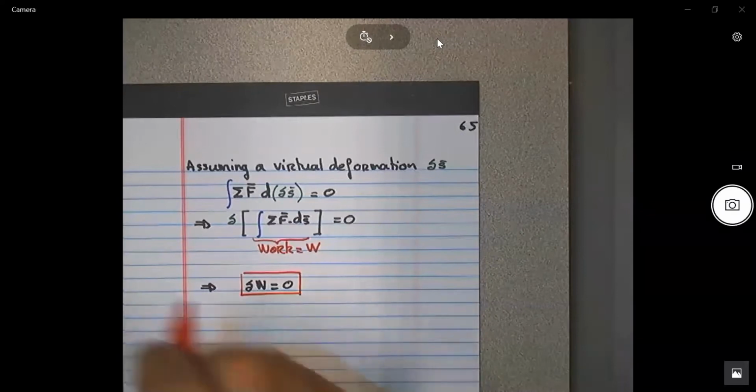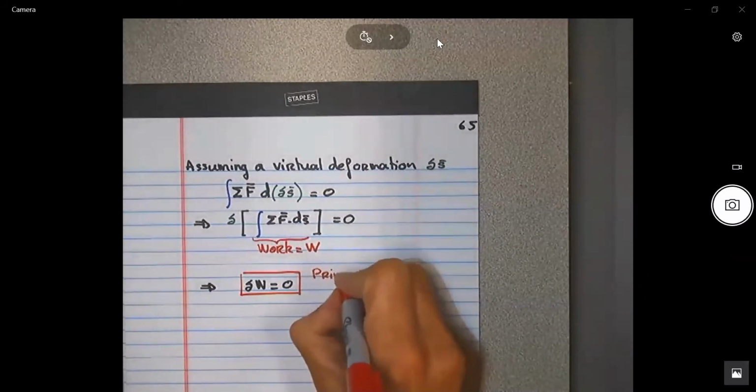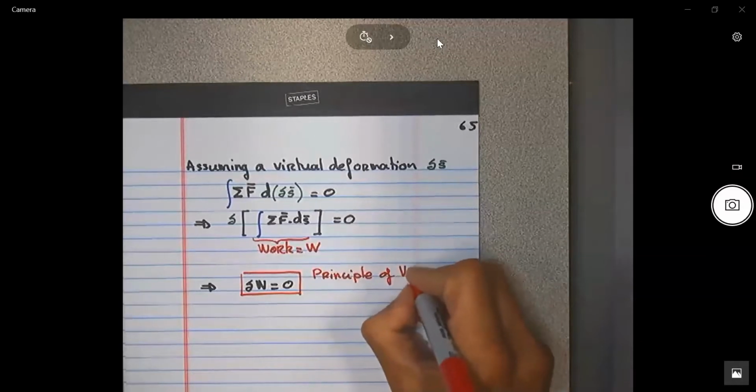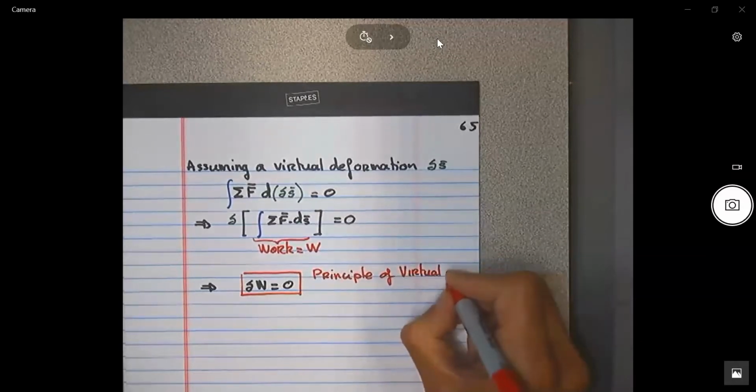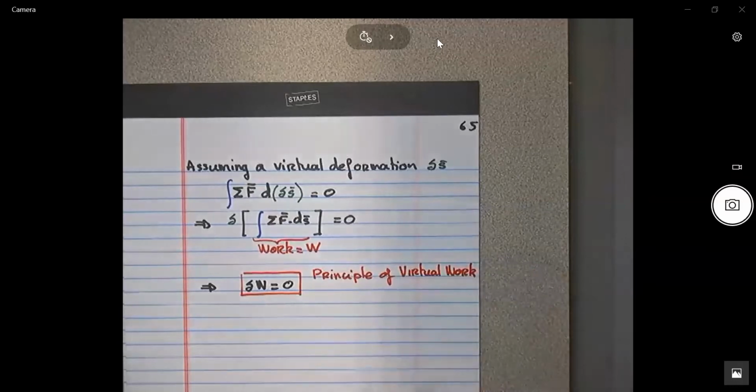So this is the equation of the principle of virtual work.